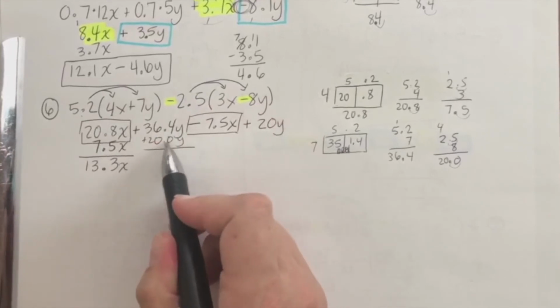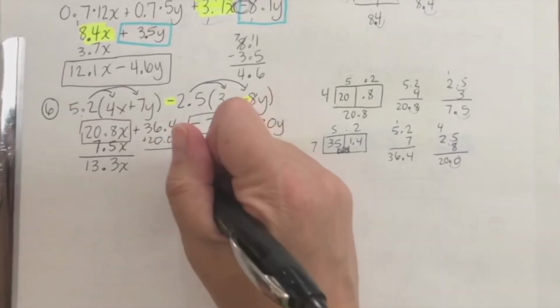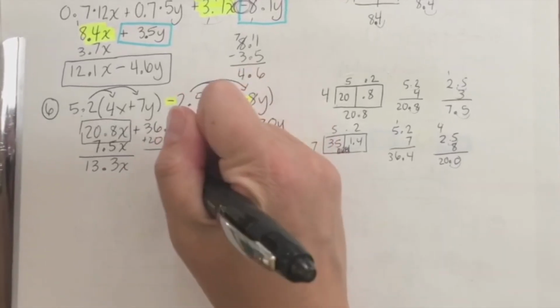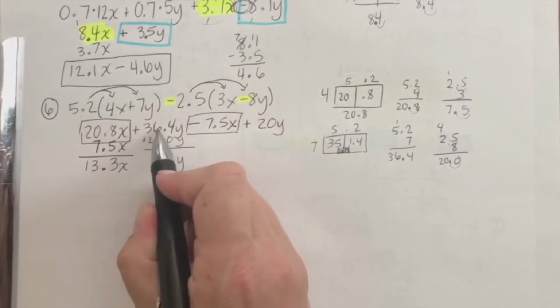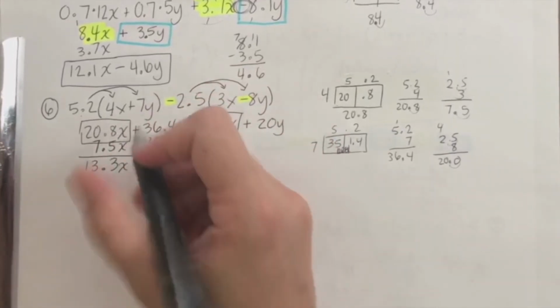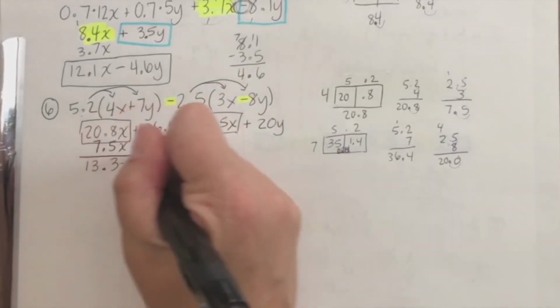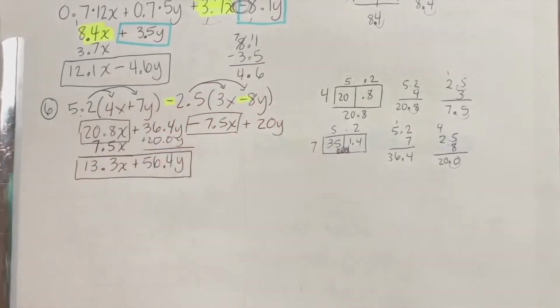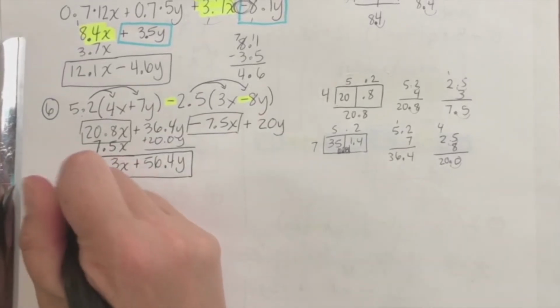I'm just going to put in the 0.0 there, so I'm lining up decimals. And we're going to have 4.4, and this will be 56. 36 and 20 is 56.4 y's, and we add those. They're positive. 13.3x plus 56.4y.